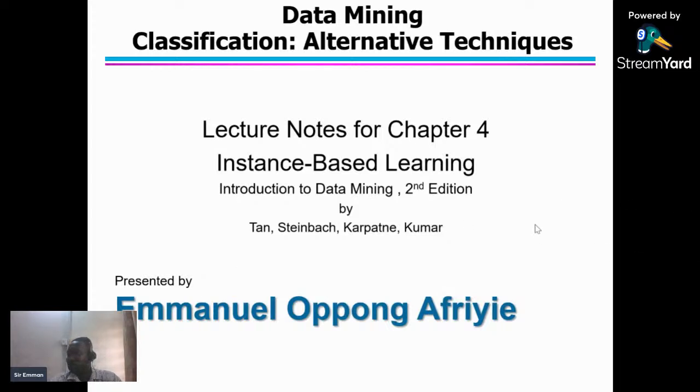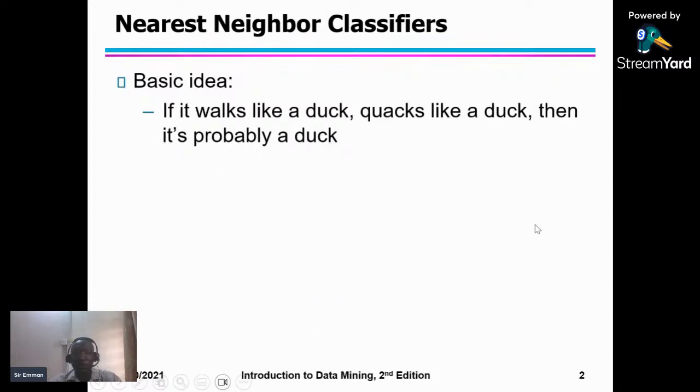Now the concept of KNN is very simple. The basic idea is that if it talks like a duck and quacks like a duck, then probably it's a duck. That's what KNN means. So in KNN, we train on a set of data, and then we use a mean to determine how close it looks to the other object, and if it is in proximity, then of course it is that.